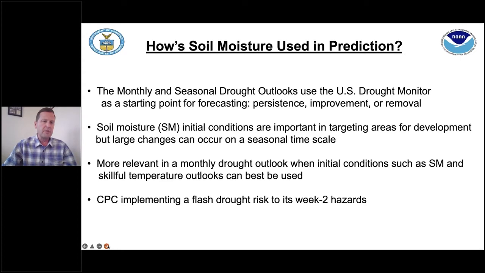So soil moisture is a bit more relevant in a monthly drought outlook, when initial conditions such as soil moisture and skillful temperature outlooks can best be used. And we will be implementing a flash drought risk soon at CPC to our week 2 hazards. Next slide, please.